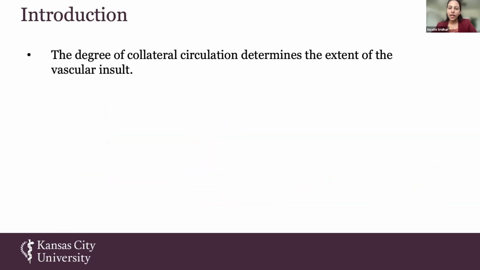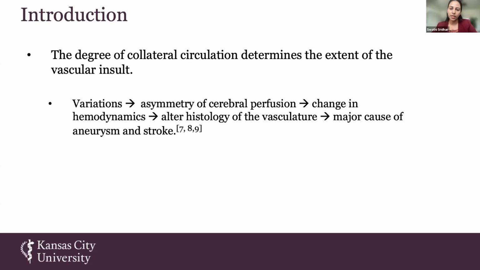Additionally, the degree of collateral circulation determines the extent of vascular insult. Multiple sources in the literature support that these variations lead to asymmetry in the blood flow, causing changes in the hemodynamics. And these changes, in turn, could alter the histology of the vasculature and are hence a major causative factor for aneurysm and stroke.